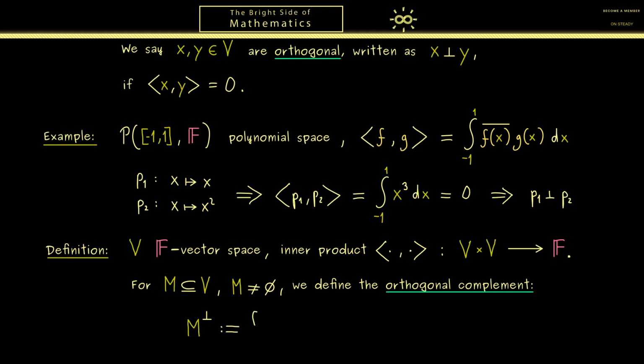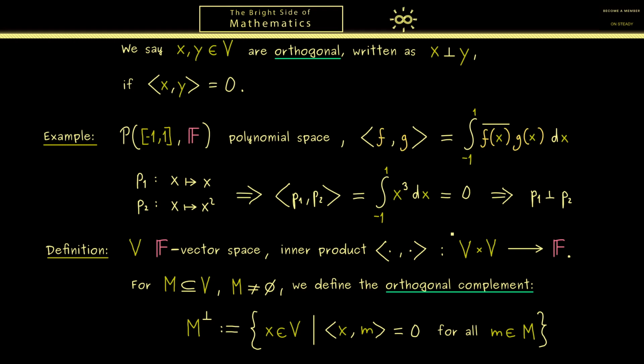So you might already guess that the definition is not so complicated, because we just take the set of all vectors, and maybe let's call them X here, that are perpendicular to all vectors from M. Hence we can write X in the inner product with a vector m is equal to 0 for all m in M. And this is already the whole definition here. So you see, we just take all the vectors X in V that go into the orthogonal direction of M.